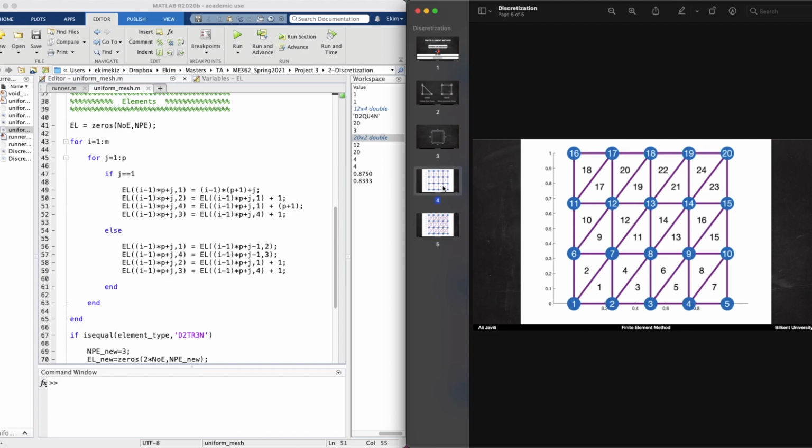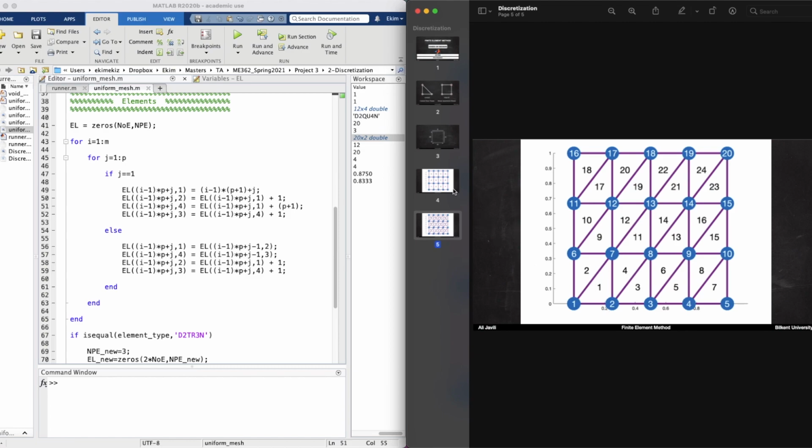So you can see that they all have 20 nodes, right? So their node number hasn't changed. What we do is we just divide the existing 4-noded element into 2 triangles to achieve the triangular domain.